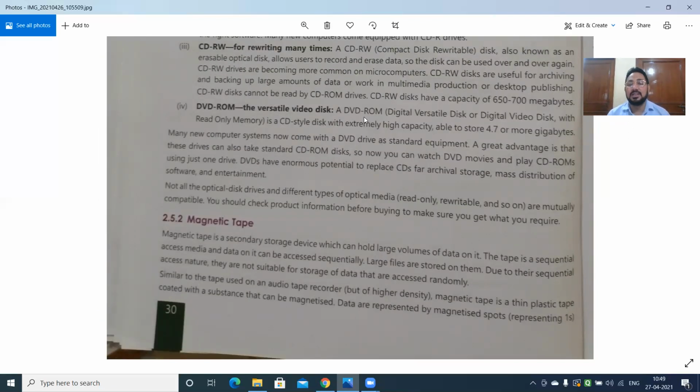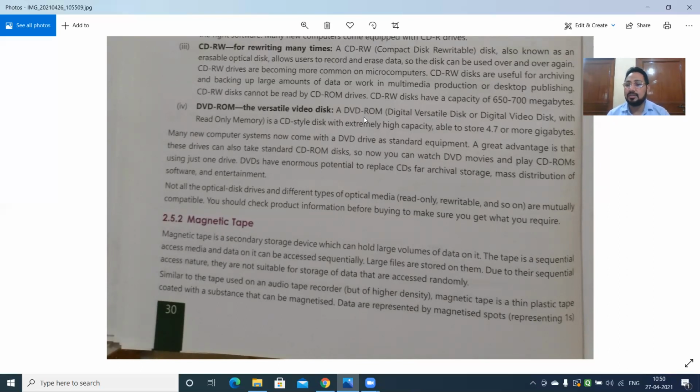Next comes magnetic tape. Magnetic tape is a secondary storage device which can hold large volumes of data. The tape is sequential. As DVDs are circular in nature, I said they are random access devices, but I have also used the word pseudo random access device, not exact random access.